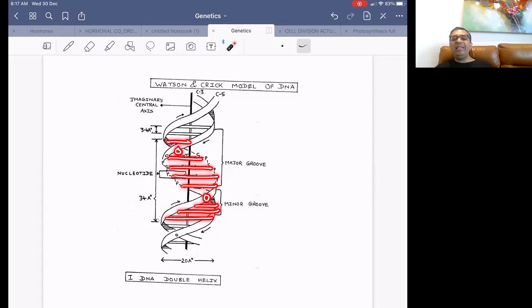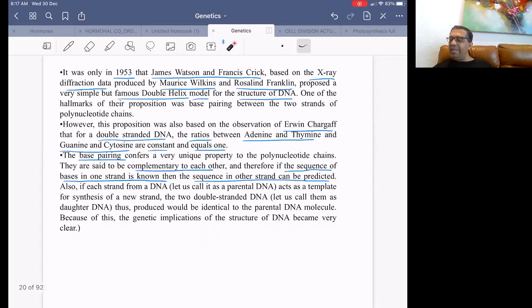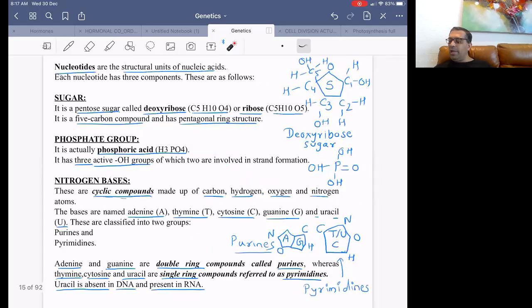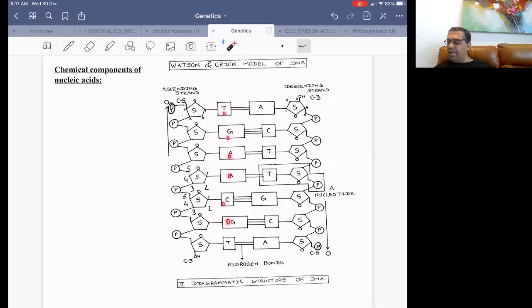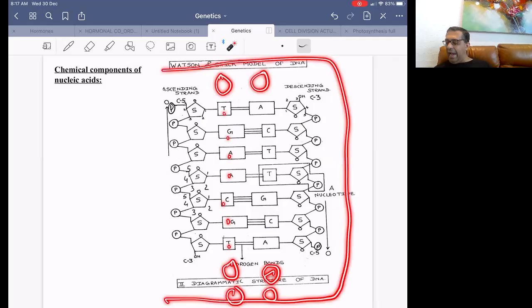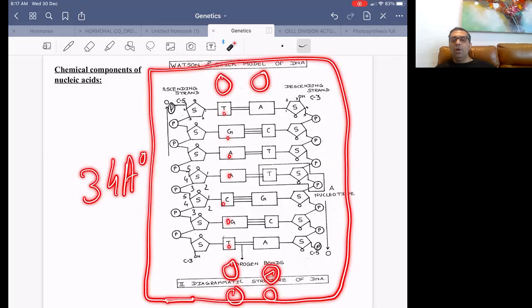So a total of 10 nucleotide pairs are present in 34 angstrom units.